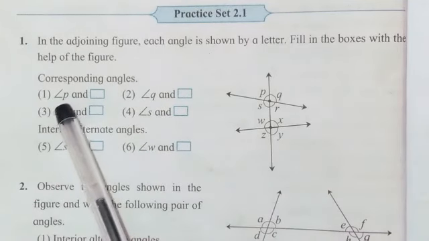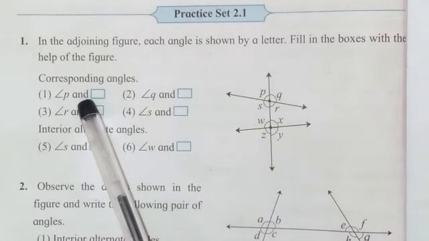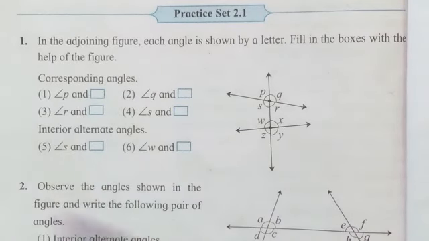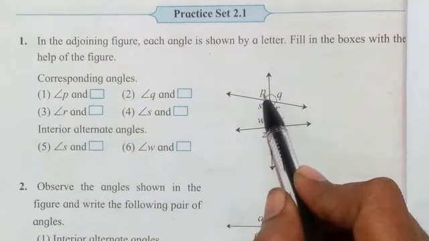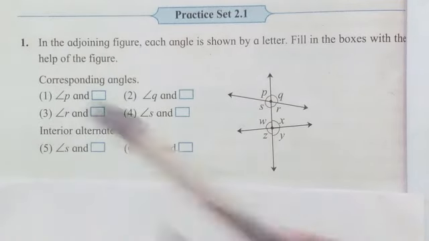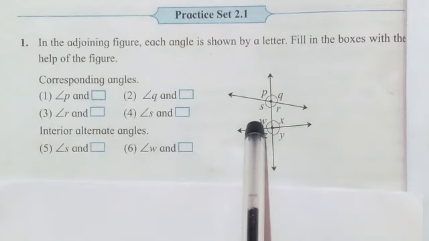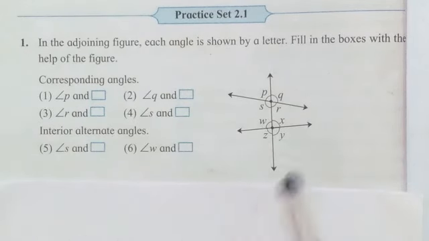The pair of the first angle is given here that we have to match with the angle P. See here now, this is the angle P. So if we think about the corresponding angles, then this angle P and angle W is the first pair.